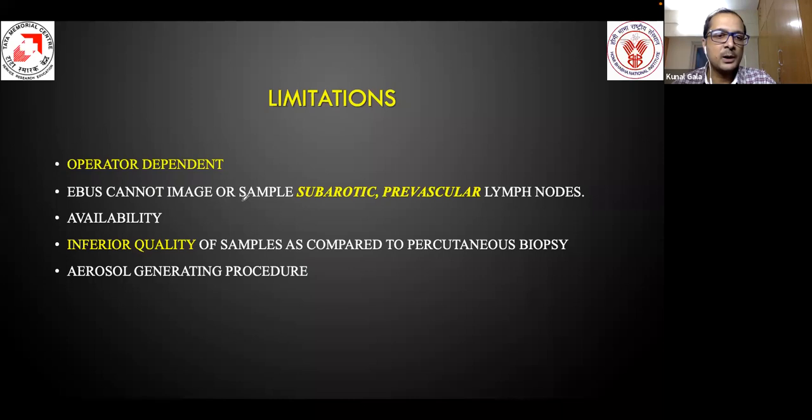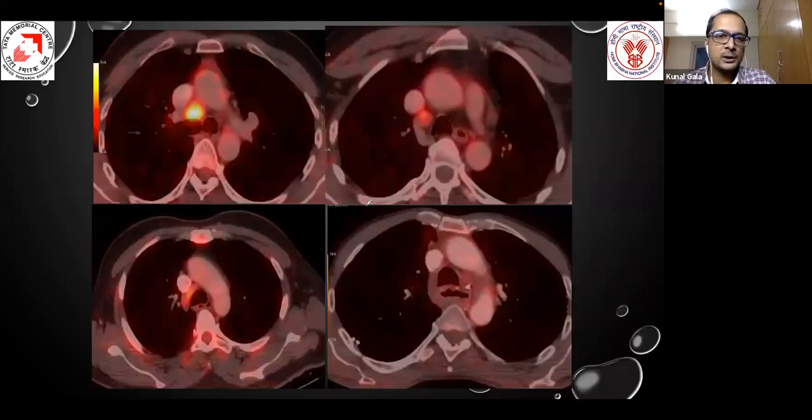EBUS cannot image or sample subaortic or prevascular locations. That is the time we can do a percutaneous biopsy. The core yields are inferior compared to the percutaneous approach, and it is an aerosol generating procedure.